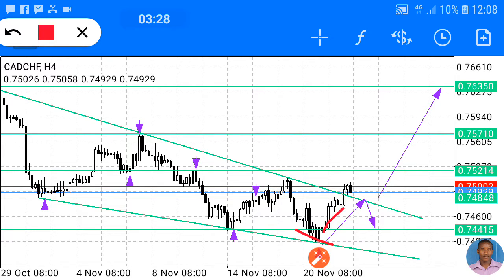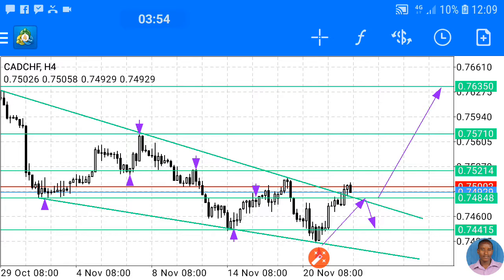It bounces back to this support line, and something happened on Friday. The price broke this support line. As you can see, there are three candlesticks closing above this area.